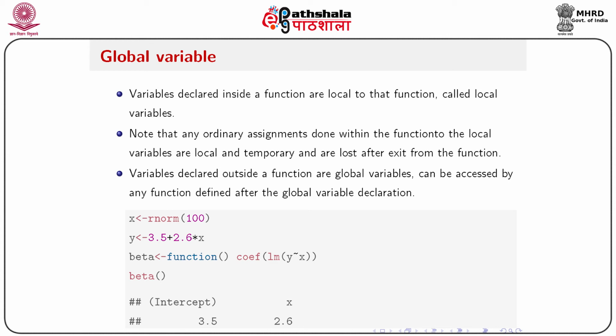Say x equals rnorm 100 and y equals 3.5 plus 2.6 times x, and beta is a function that generates the coefficients of that linear model. So the beta function generates the coefficients of the linear model; see, I am calling the beta function without passing anything, and it will generate the estimates 3.5 and 2.6 because x and y were defined globally. So any function defined after that can be called directly.